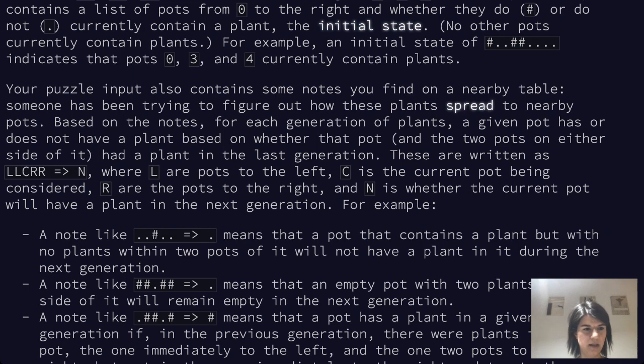These are written as L, L, C, R, R goes to N, where L are the pods on the left, C is the current pod being considered, R are the pods to the right, and N is the next generation.